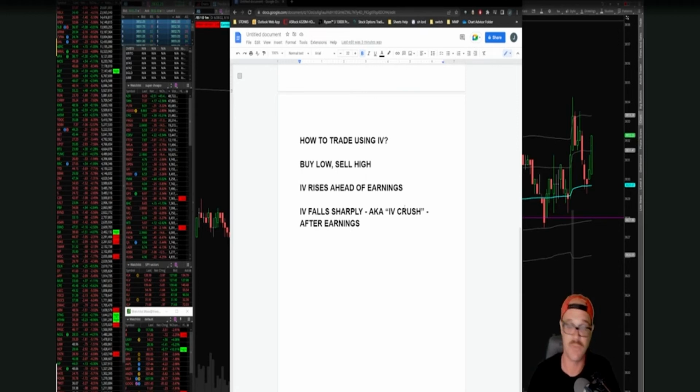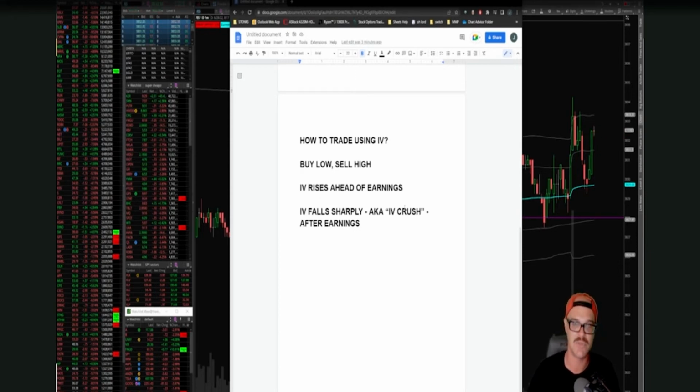So people start buying more options. The speculators start placing their bets. Option sellers trying to collect premium start placing their bets. And so you start seeing this flurry of option activity ahead of earnings, and that causes implied volatility to increase. There's opportunity just in that increase alone.